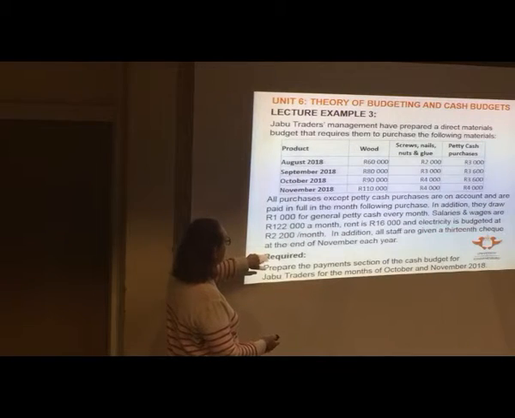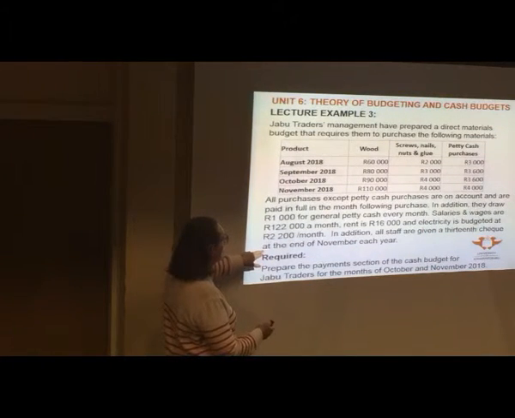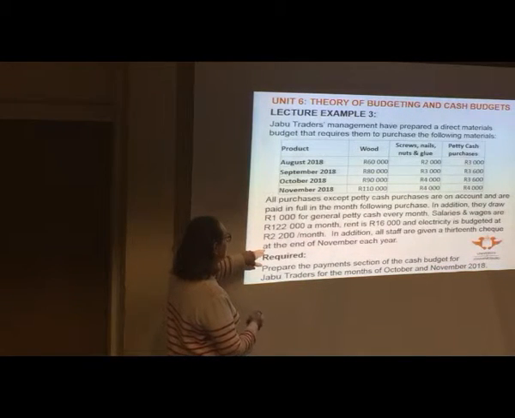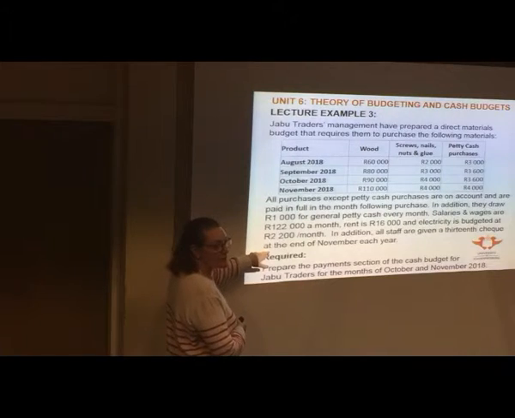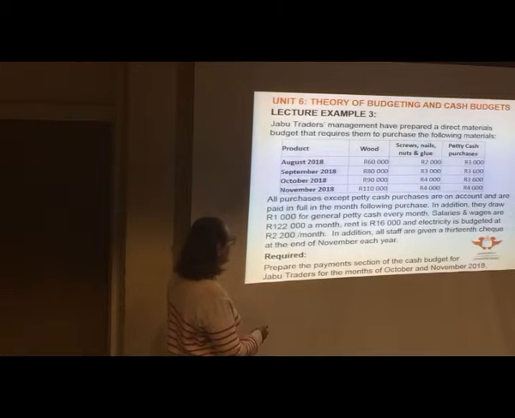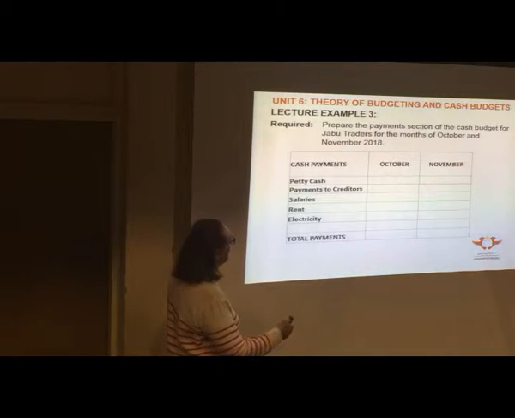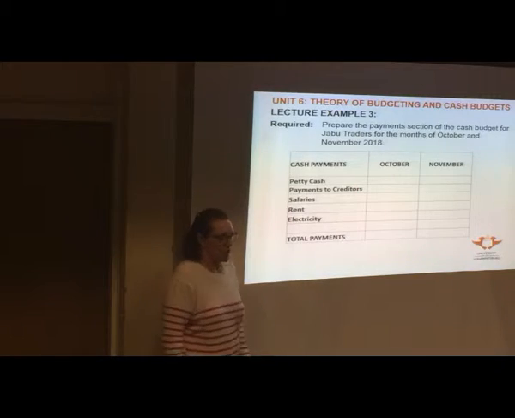All staff are given a 13th check at the end of November. So for October, your salaries and wages are going to be 152,000, but for November, it's going to be 244,000. Okay? And you must now prepare the cash payment section, and this is your October, and that's your November, and I've given you the structure so that you can work on it.